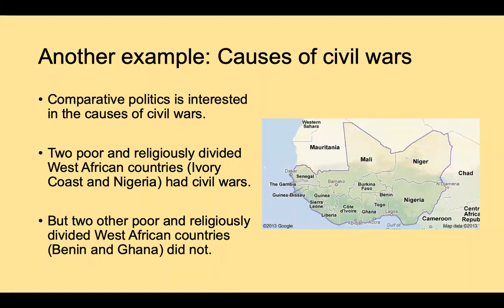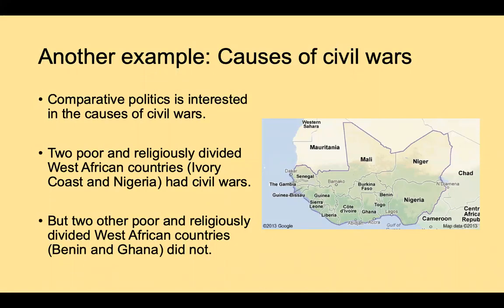We've got two poor and religiously divided West African countries, the Ivory Coast and Nigeria. Both of these countries had civil wars. But it becomes interesting because we've also got two other very poor and religiously divided West African countries, Benin and Ghana, that remained peaceful. These countries did not experience civil war. We've got a set of similarities and differences here that is very curious, very, very interesting.